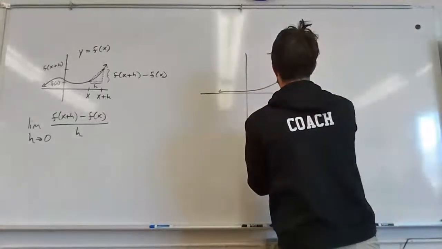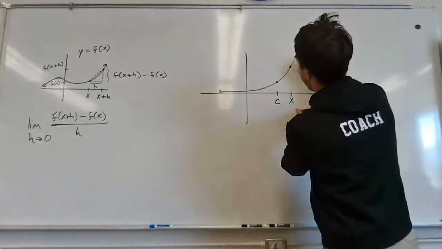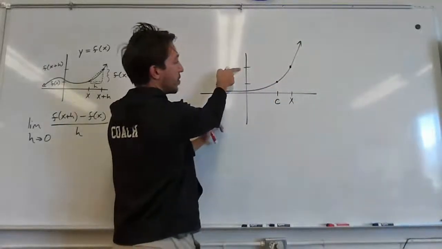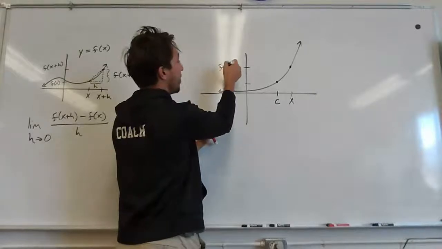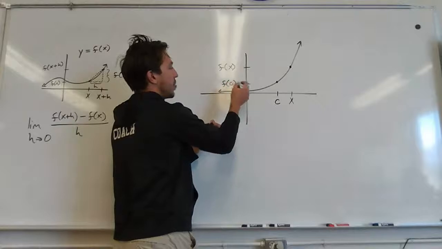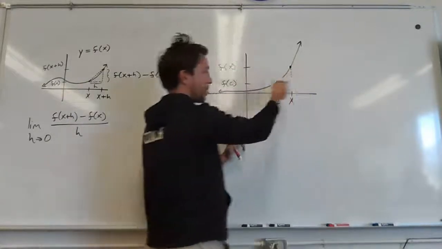So consider some new x value out here. He's got a y value. So what are these two y values? His y value is f of x, and this one's f of c. And you say, what's the rise over run here? Notice it's the exact same concept, it's rise over run.